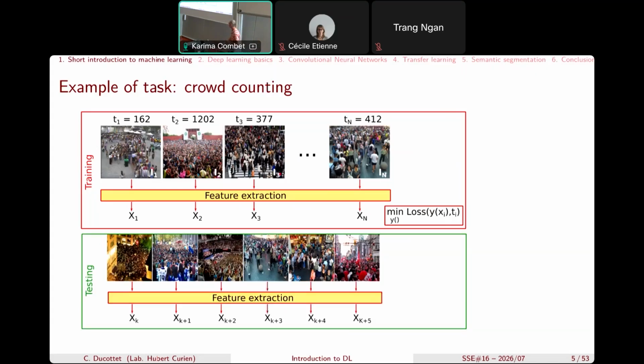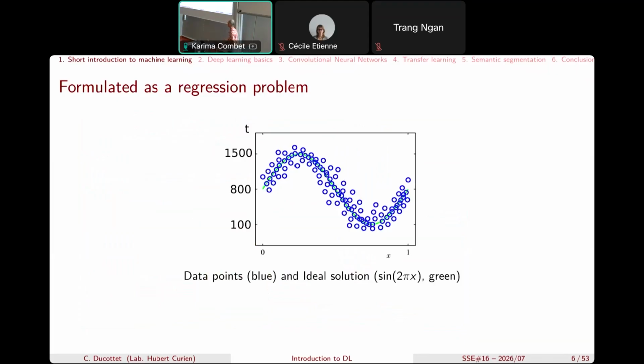So this is the testing step, where in fact we will evaluate if the output of this predicting function, which is here t hat, is close to t, and is it reliable, and is it able to generalize on new data?